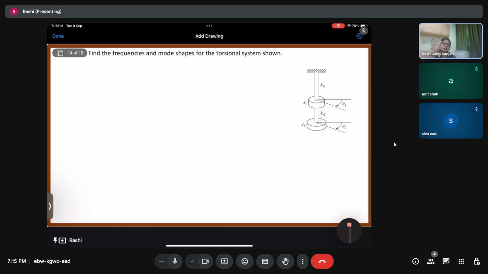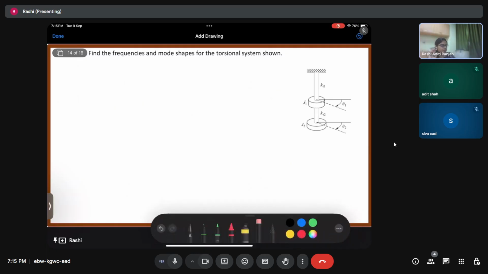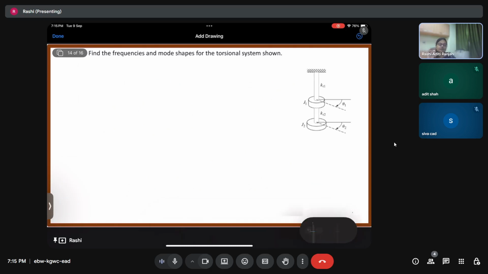It is not rotating fully actually, but it is encountering shear kind of behavior. So with this kind of system again, if we have the equation of motion, we can simply find the frequencies and mode shapes.